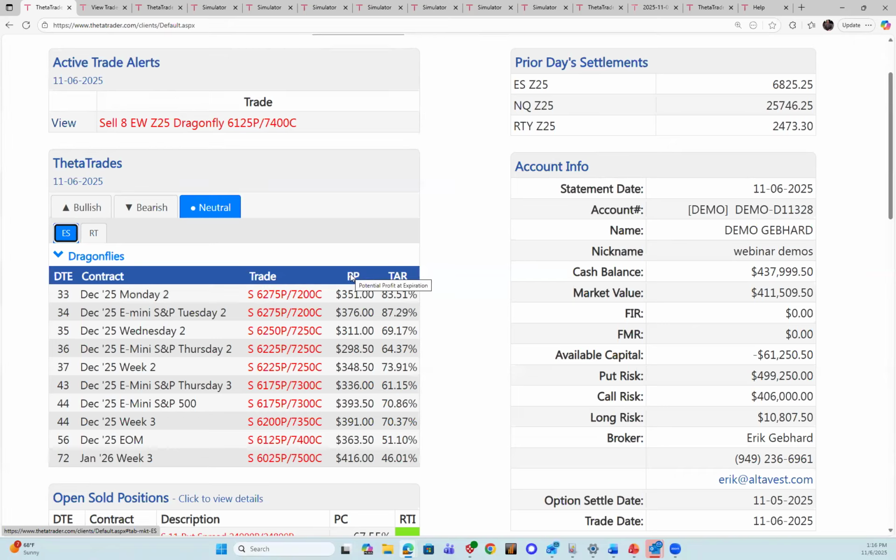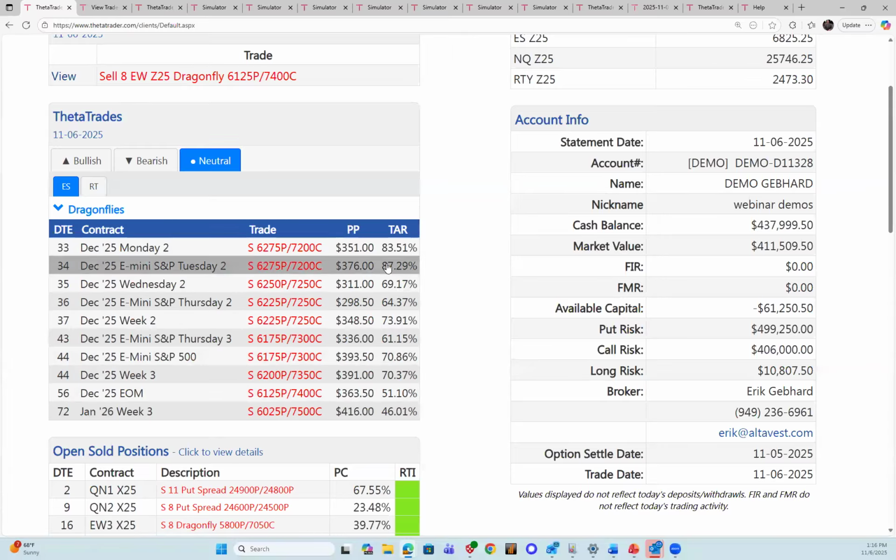And this is your maximum profit potential at expiration for any one of these trades. And this is called your targeted annualized return. It's here to compare one theta trade to another, not really to suggest you're going to have 83% returns by just placing that one trade.